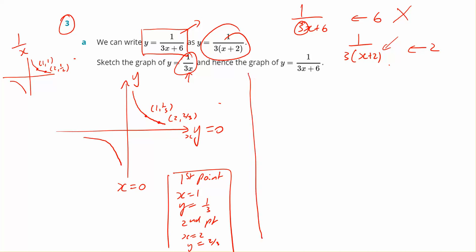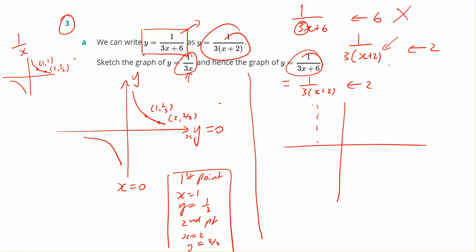Now, for the other graph, remember we changed the equation to y equals 1 over 3(x plus 2). So the graph has moved 2 to the left. My asymptote is at x equals -2, moved 2 to the left. My horizontal asymptote is still the same, y equals 0. That's my x, that's my y.